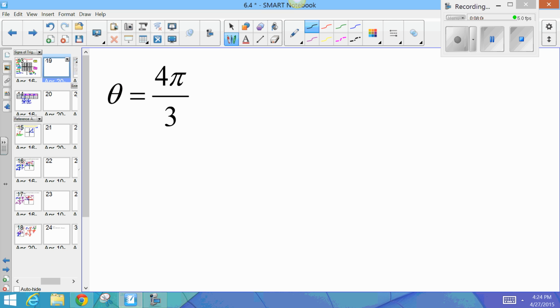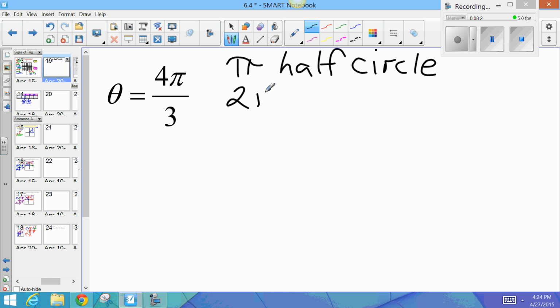So one of the things I might consider doing in order to figure that out is I want to keep in mind that pi is a half circle, and that 2 pi is a whole circle.